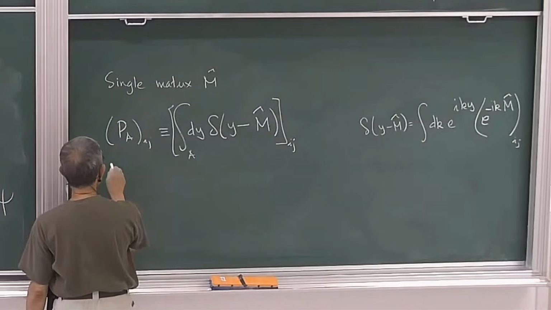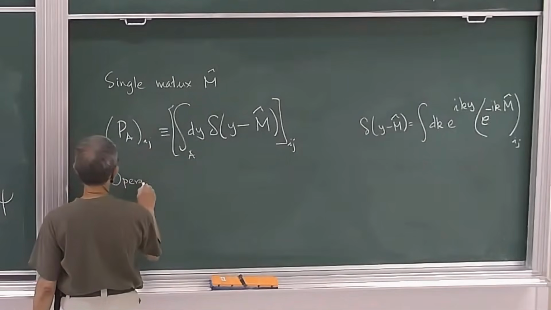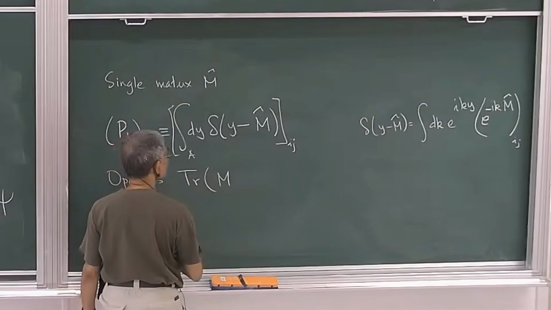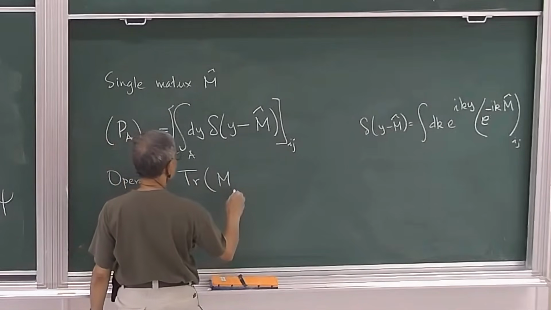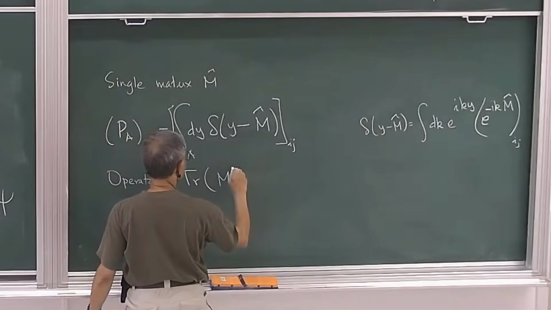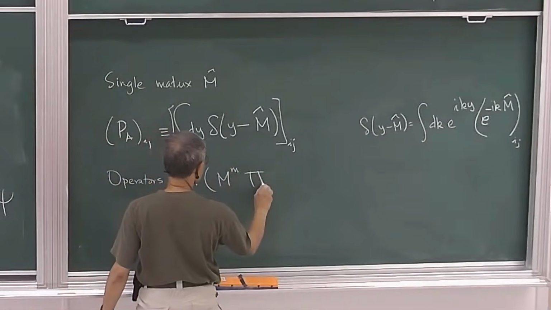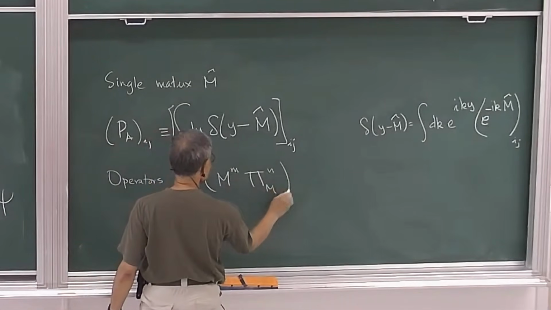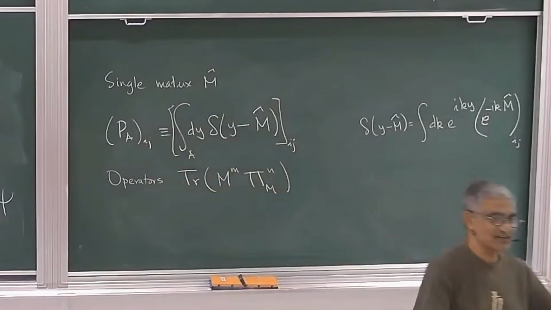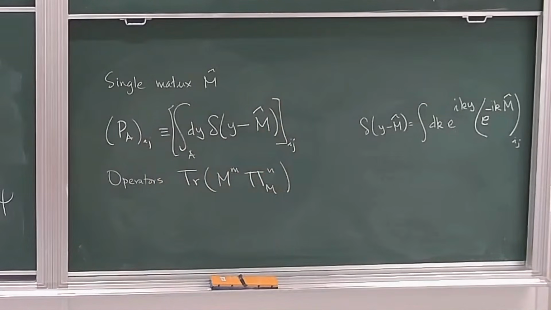The operators of the full theory are like trace. These are the invariant operators. Trace of M, 25 M, some pi M to the power N, various orderings. Put a string of M's and strings of pi M. That's the most general operator in the theory.